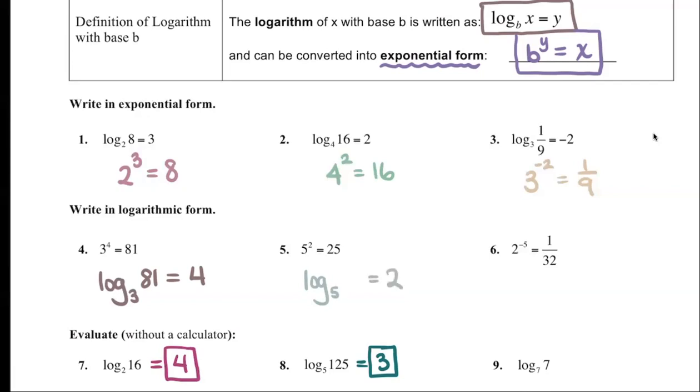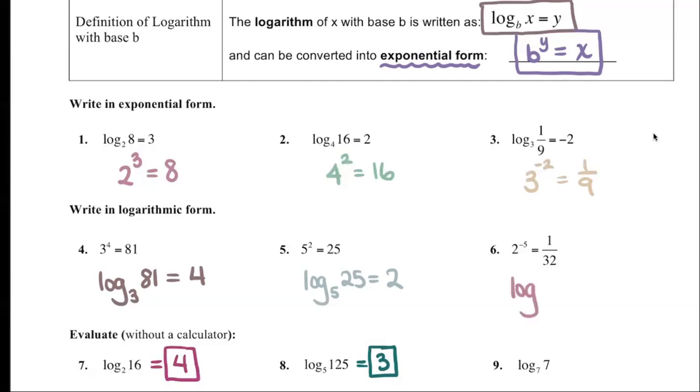So it's log 5, 25 equals 2. Perfect. Great job. Well done. All right, let's do one more. Andrew, try the last one. It would just be log -5 1/32 equals 2.